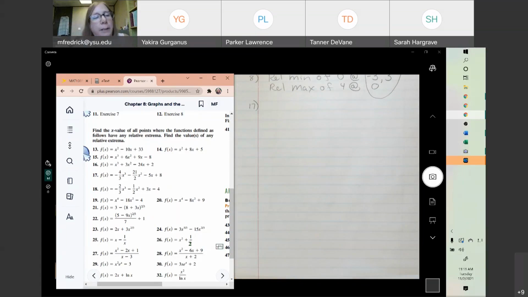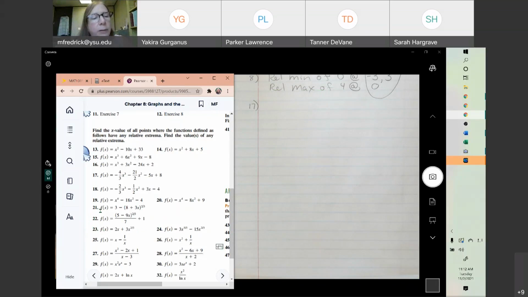Now some of these, you can open this through My Math Lab, and it's called e-text, and you can open up your book. But you need to be careful because some of them we haven't learned, like number 21, 22, and 20.